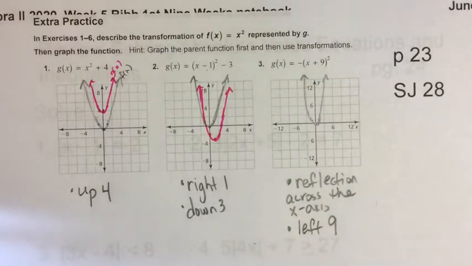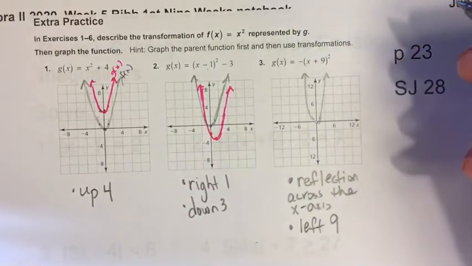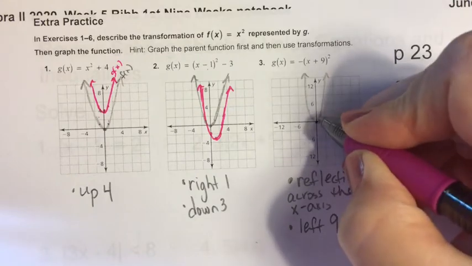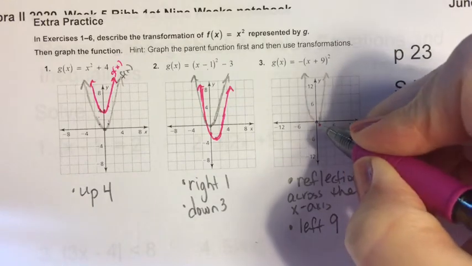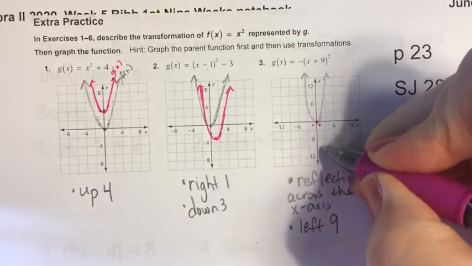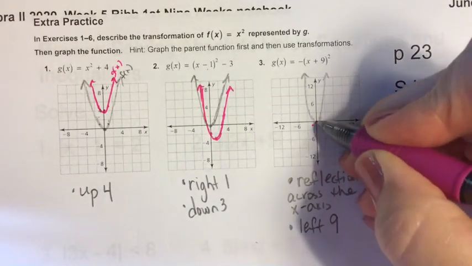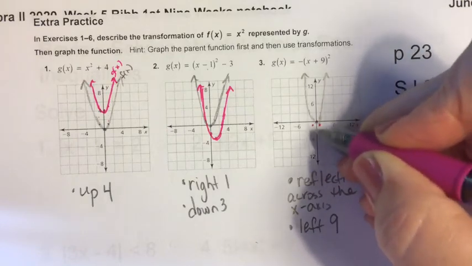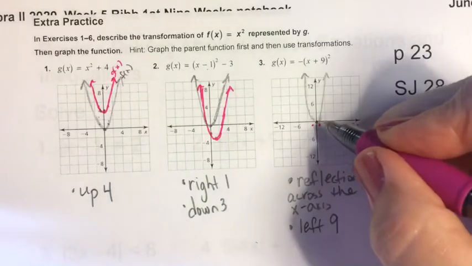And then the first thing I'm going to do is reflect that function across the x-axis. So this point stays here, this point reflects across the x, this reflects across the x. If I were to sketch it, I'd sketch it here. I don't want to sketch it because it's not my final answer. Now I'm going to take these 3 ordered pairs, left 9.